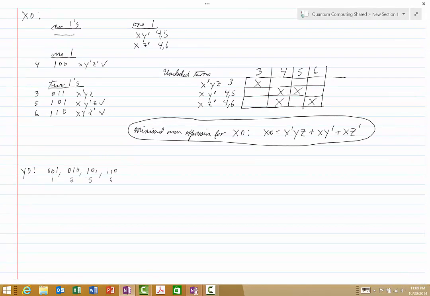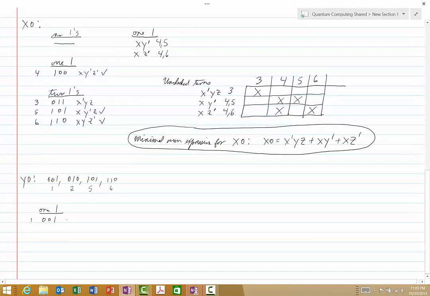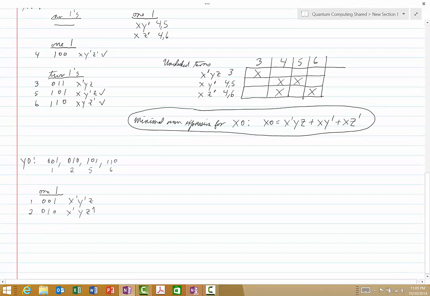Now if we group these, there are no terms with no ones, so I won't even put that category. With one 1, we have 0, 0, 1, which is the term X prime, Y prime, Z, and we also have 0, 1, 0, which is X prime, Y, Z prime. Those are the only two terms with one 1.